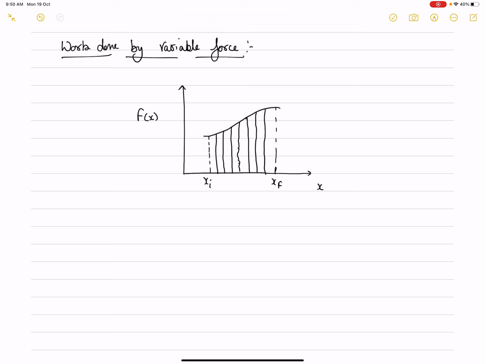You can understand it by this example. A circle is a curve, but when a small part of this circle is considered, say this part, it appears to be a straight line.